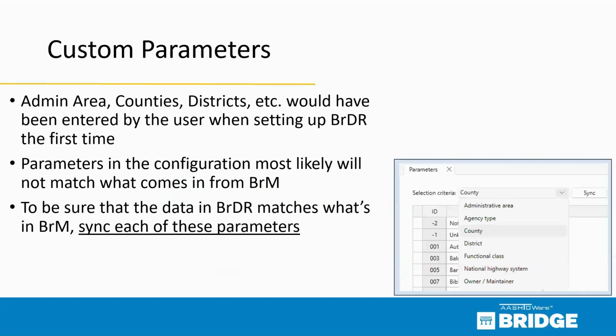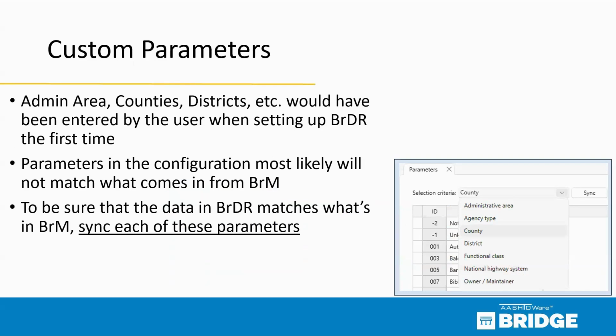So then you'll want to set up your custom parameters. The first time that you set up BrDR, these would have been entered by the user, such as your counties, districts, or functional classifications. Some of them maybe were left as default, but others you would have had to enter the first time. So most likely, these are not going to match what comes in from BrM.